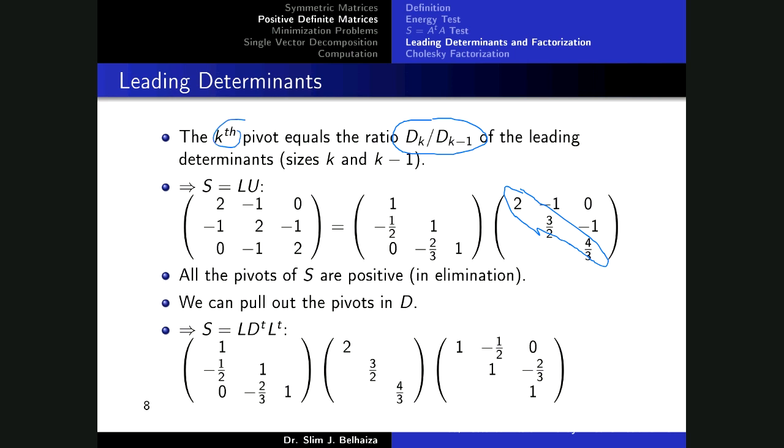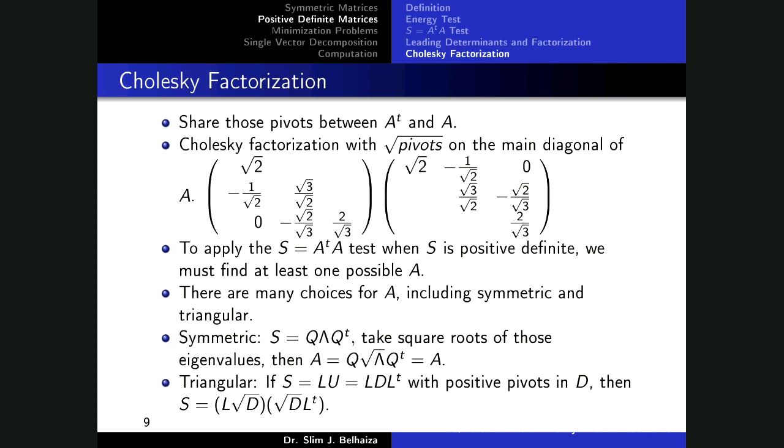So for example, in working on this matrix, which is symmetric, by the way, we found L, we found U, and we said that we can pull out the pivots and put them in a single matrix we called D, and write down L transpose, D and L. We did a little bit more.